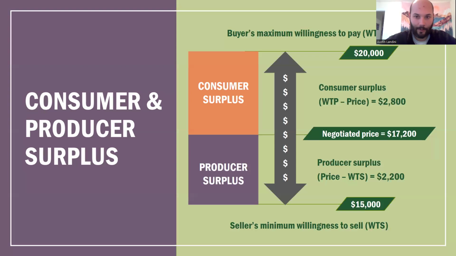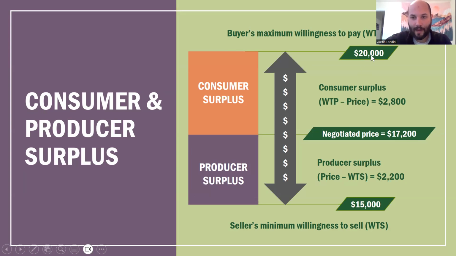So let's do an example here. Suppose that a consumer and a producer are negotiating over, say, a car. The buyer is willing to pay a maximum of $20,000 for this car, and the producer is willing to sell at any price over $15,000. All right, so suppose they negotiate a price here of $17,200. There's some consumer surplus created.